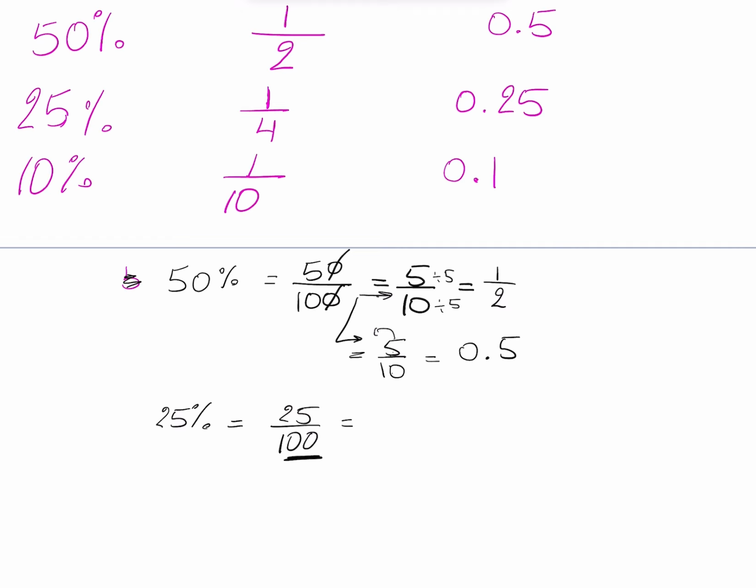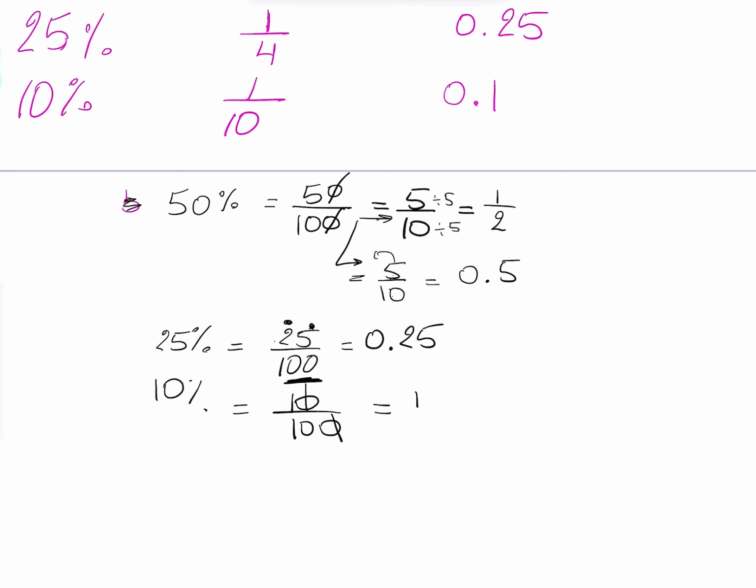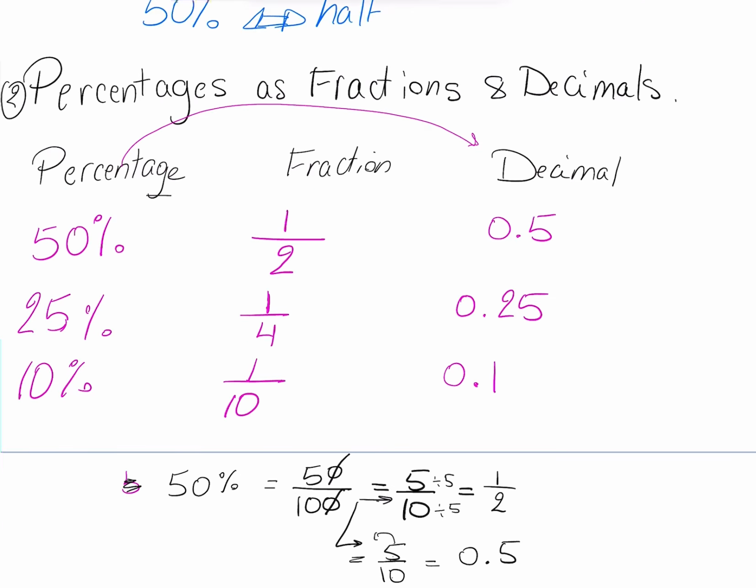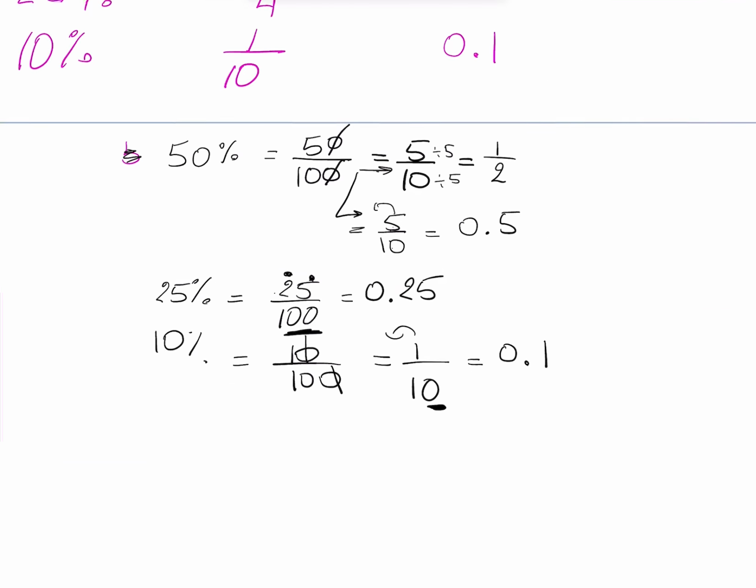I have 2 zeros. I need to go 2 places to the left. So that's 1, that's 2. So I have 0.25. What about 10%? It means 10 divided by 100. The 0 will go away. I have 1 divided by 10. I have one 0, so I need to go one place to the left, 0.1. Okay, that's how we converted from percentage to fraction to decimal.